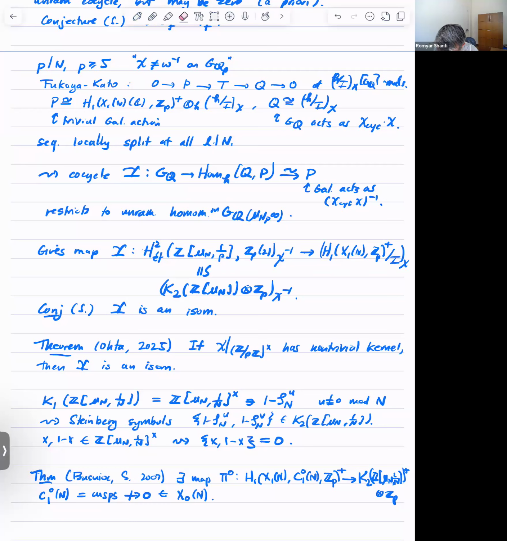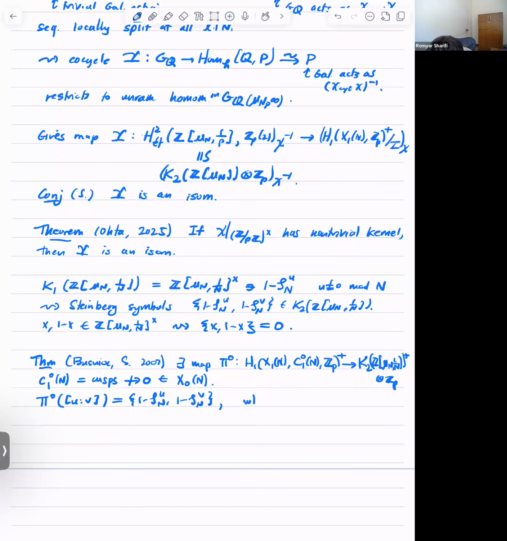So I'll just write it here. pi_0 of (u, v), there's some symbol in the homology, and it gets sent to the Steinberg symbol, where (u, v) in (Z/nZ)^2 minus 0 with gcd 1 is a Manin symbol.